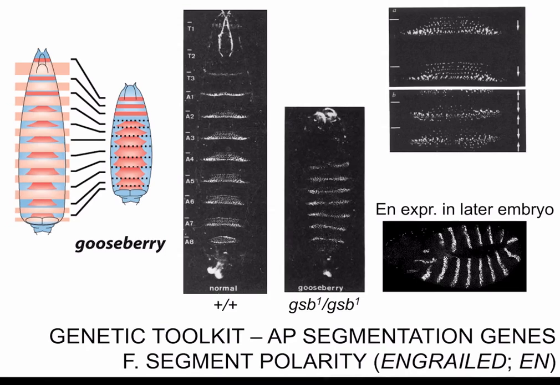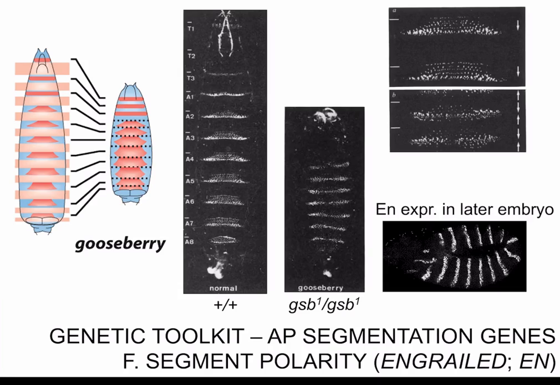And therefore, the anteroposterior segmentation genes determine the body plan of the embryo. They determine all the segments of the embryo and the larvae and the adult by establishing a coordinate system where the expression of the proteins, in which cells, which part of the embryo these proteins are expressed in, progressively narrows down the location of a cell.